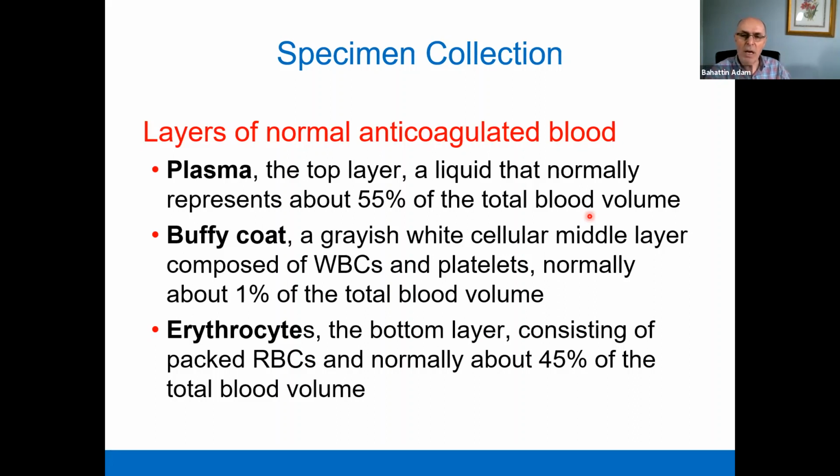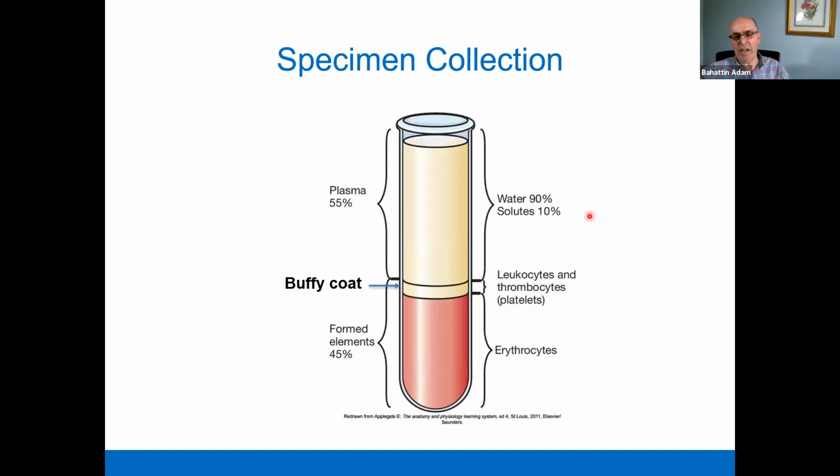Now as you see in these diagrams, about 90% of the plasma is water. 55% of the total blood is plasma, 45% is formed elements or erythrocytes, okay?